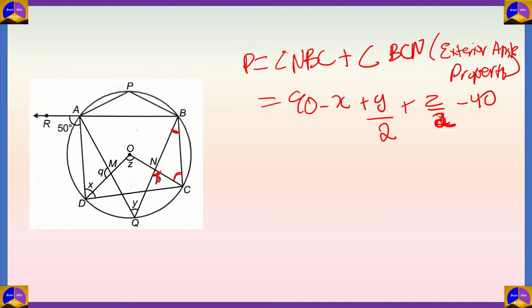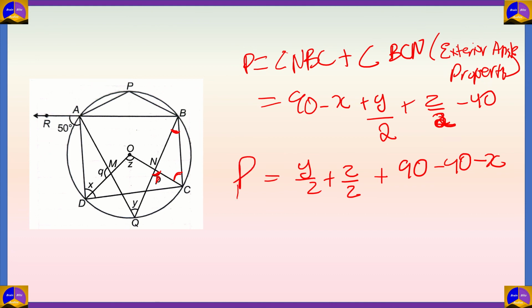Now if we rearrange them, we get Y by 2 plus Z by 2 plus 90 minus 40 minus X as the value of p, small letter p, not capital P. So just like we did before, let's make all of this fractions.